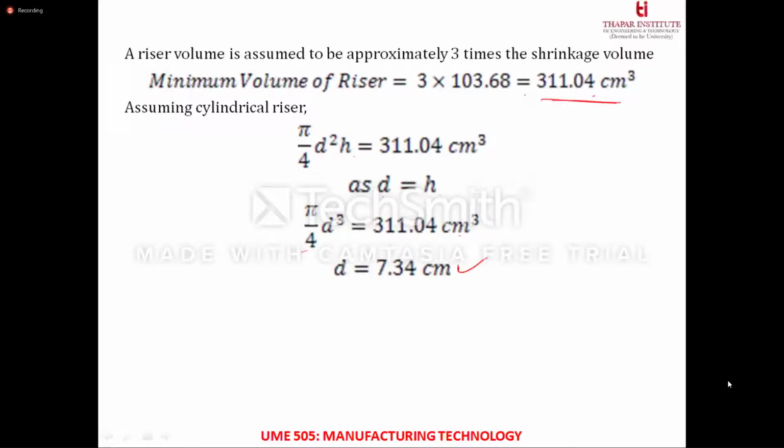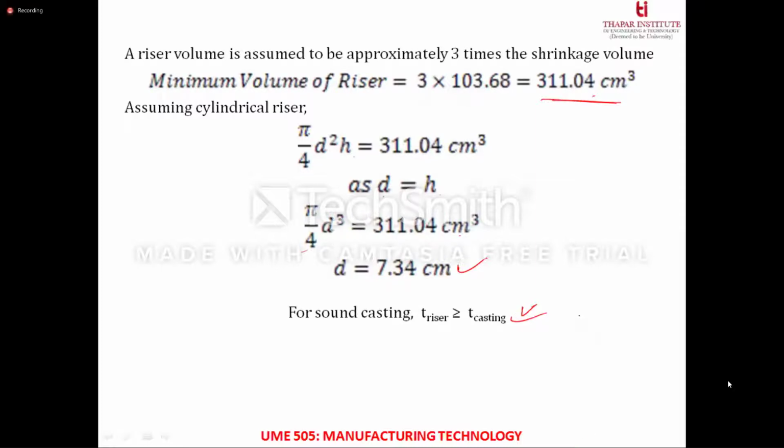But please remember once again what I said earlier, that when you are talking about the solidification process, the solidification time of the material in the riser has to be more than the solidification time for the material in the mold cavity. So this is the basic criteria for any sound casting that you have.